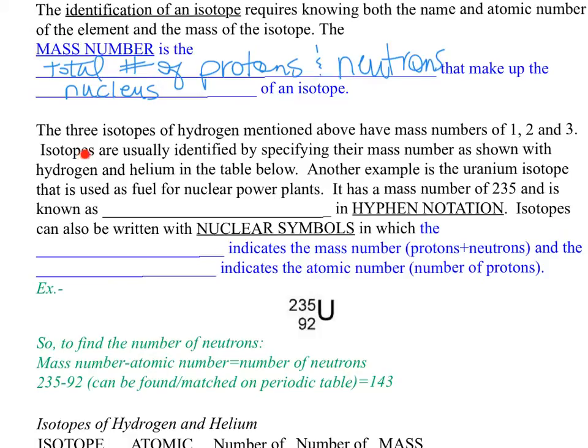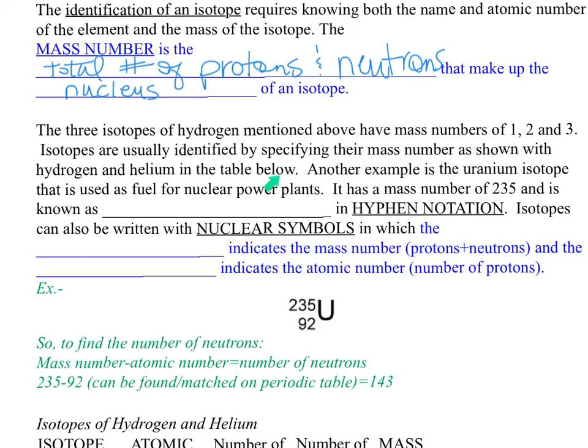So the 3 isotopes of hydrogen mentioned earlier, they have a mass number of 1, 2, and 3. They are usually identified by specifying their mass number as shown with hydrogen and helium in the table below.